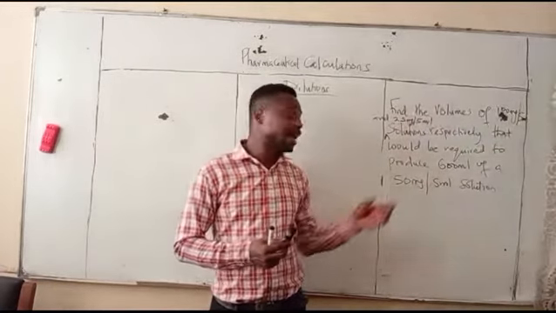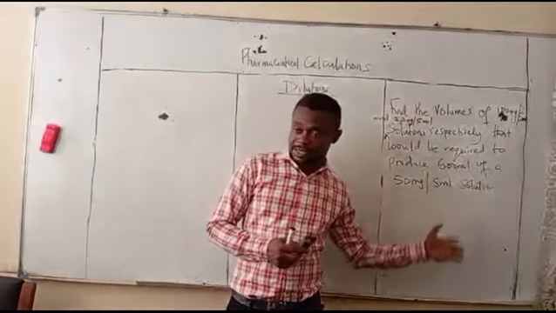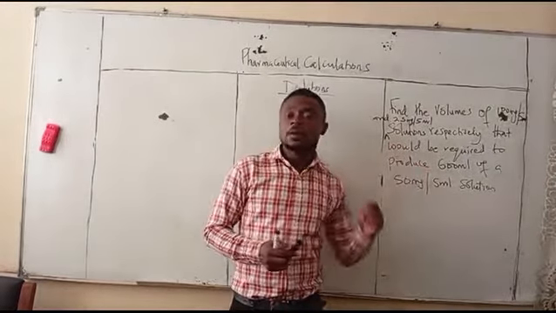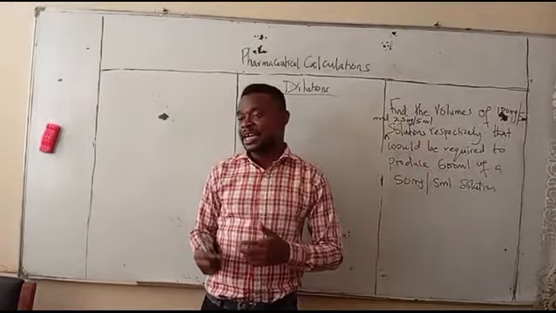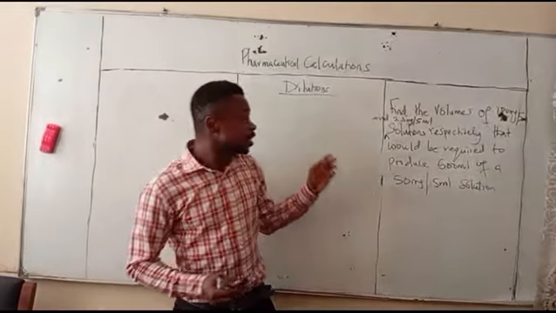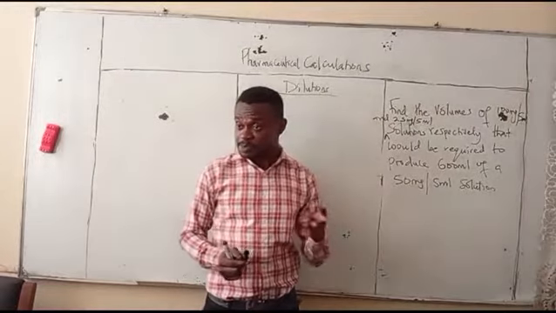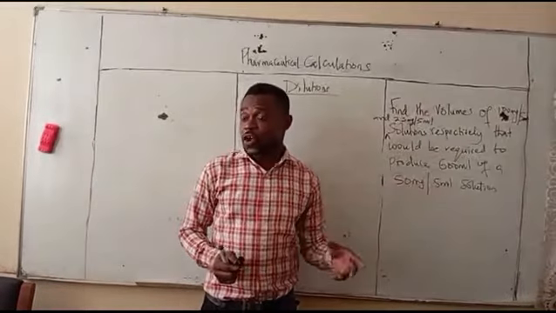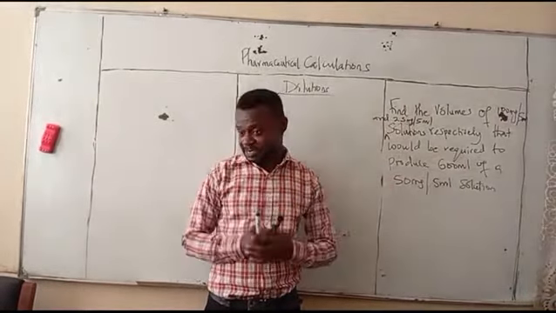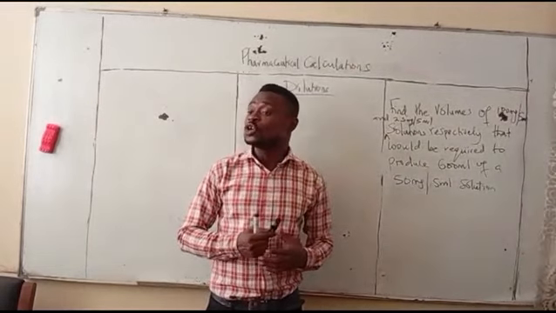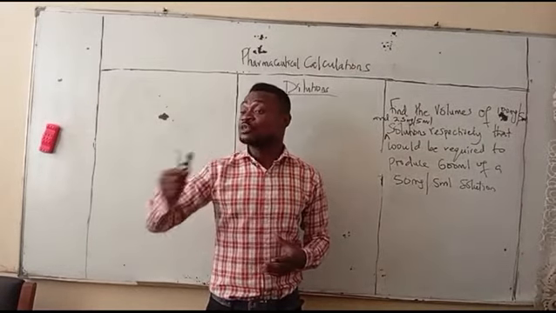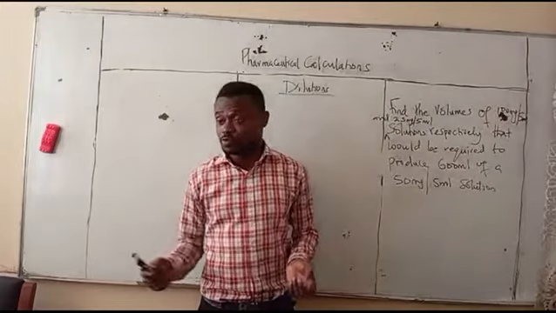That's where you use allegation alternates. There's a formula for that. But allegation media is when you know the volume and the concentration of the two solutions you want to mix, but you don't know the concentration of what you're going to produce by mixing them.